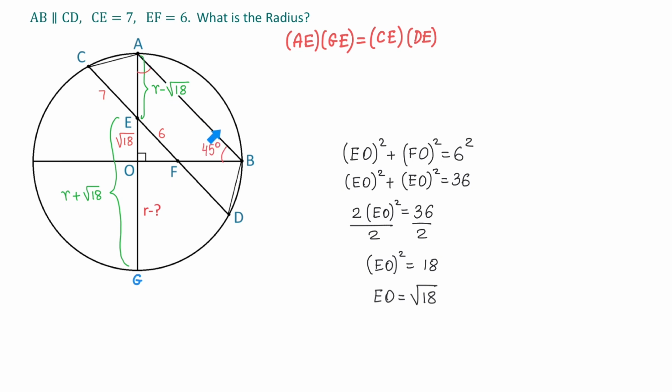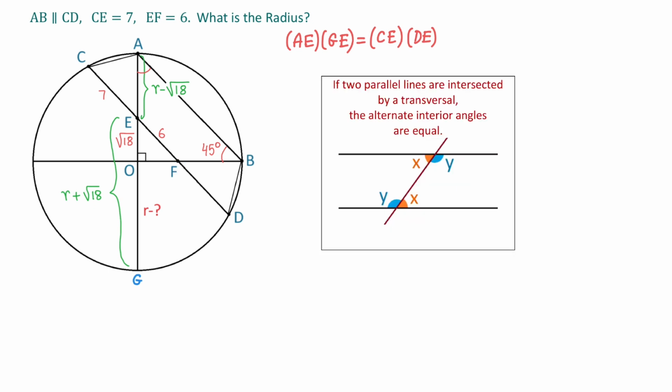The chords AB and CD are parallel, and AE and BF are transversals. And we know that if two parallel lines are intersected by a transversal, then the alternate interior angles are equal. So in our figure, if this is a transversal, then this angle will be equal to this one.